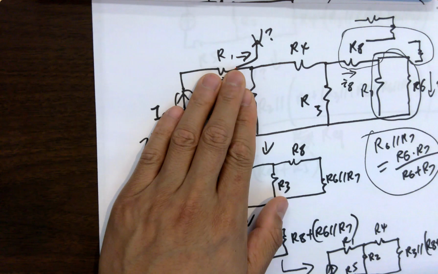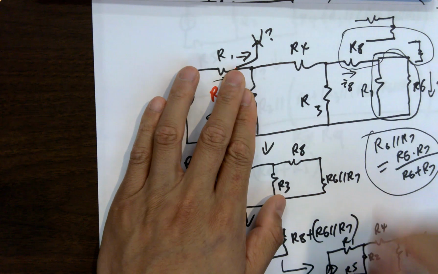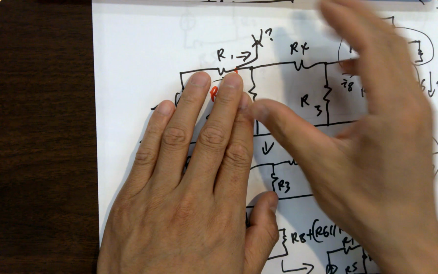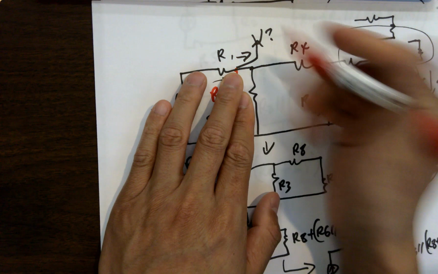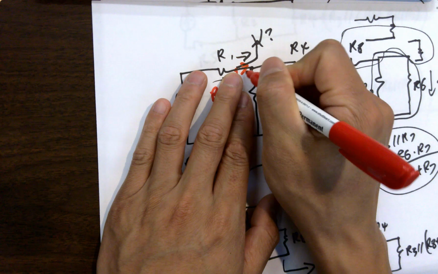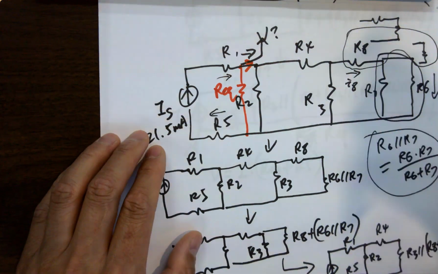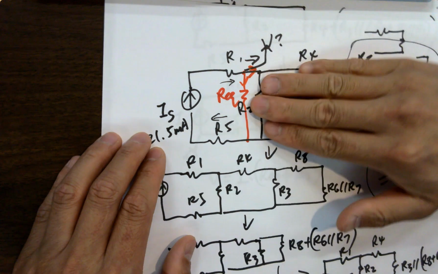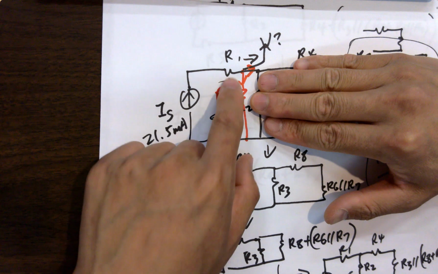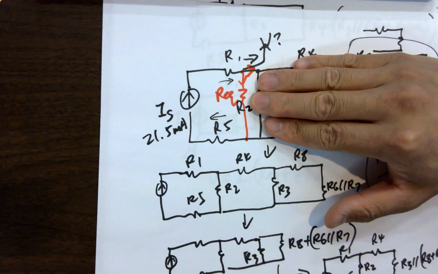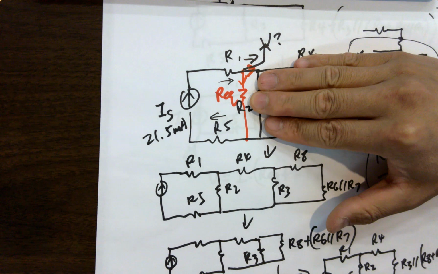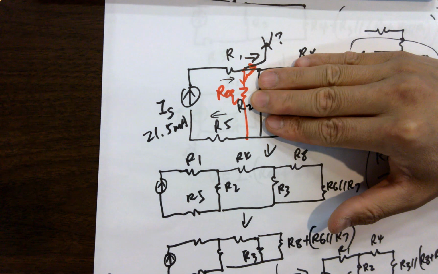Do they have the same current? If I replace the black box with the equivalent resistor, are these 2 currents the same? They are, because they are the same resistance.